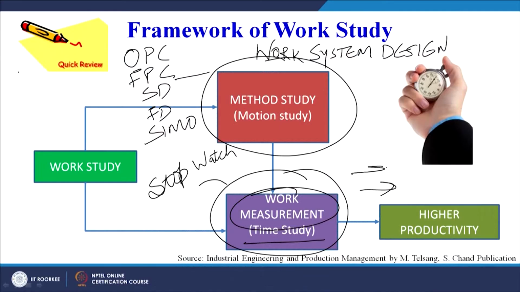So, this we will try to establish now, and this work measurement, as we have already discussed, will help us to economize our labor utilization and maximize our machine utilization, which will definitely lead to higher productivity. Because these two techniques of method study and work measurement lead to higher productivity, we discussed the concept of productivity in the beginning of our course on work system design.